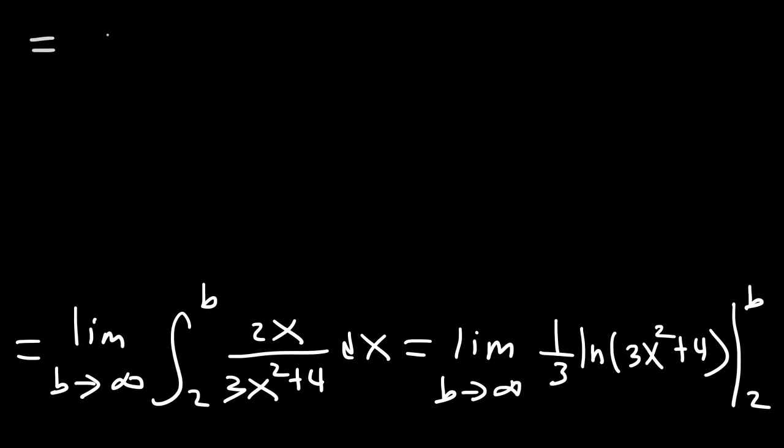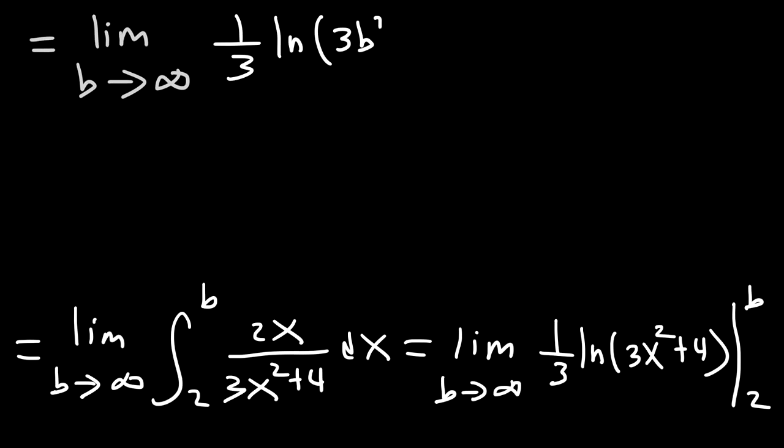So we now have the limit as b approaches infinity, and then this is 1/3 natural log 3b squared plus 4, and then minus. Now let's plug in 2. So 1/3 ln 2 squared is 4 times 3, that's 12 plus 4, that's 16.